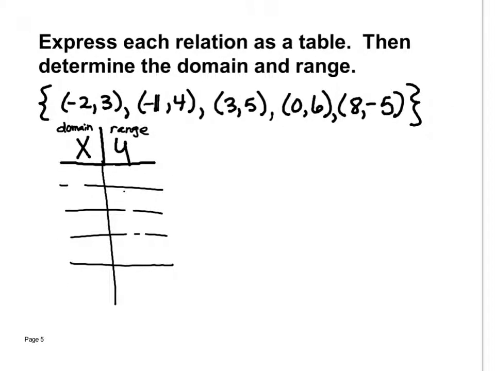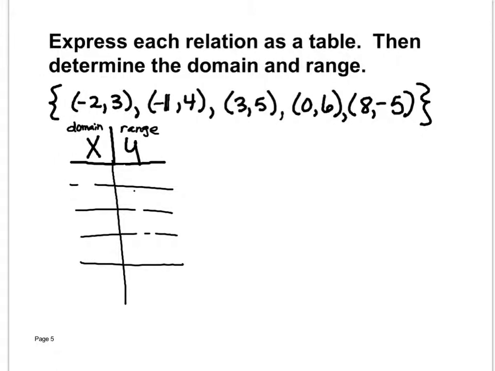Alright, you need to write this down and go ahead and fill out the table. It says express each relation as a table and determine the domain and range. If you fill out the table, then you already know what your domain and range is, so you don't need to do that. Just fill out the table. All we do is express the relation as a table. So, -2 is my X. So what would I put for Y? 3.